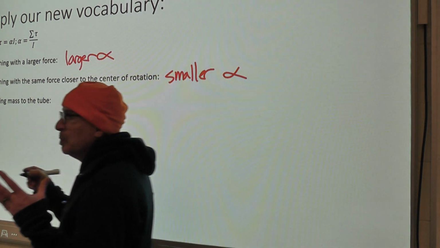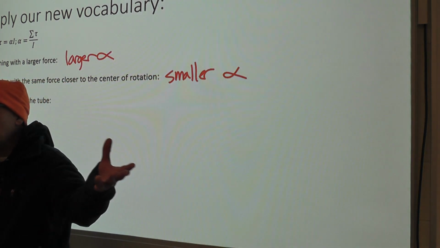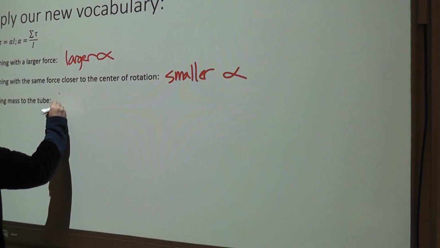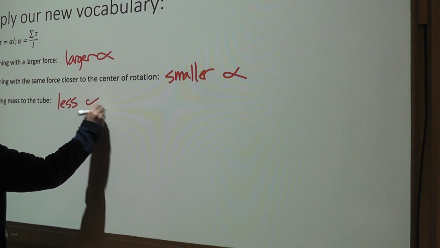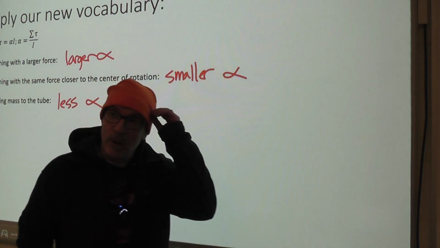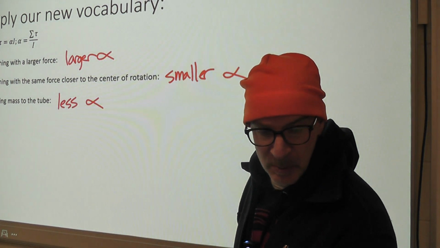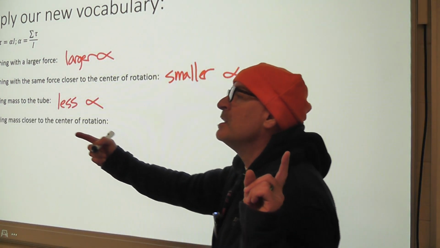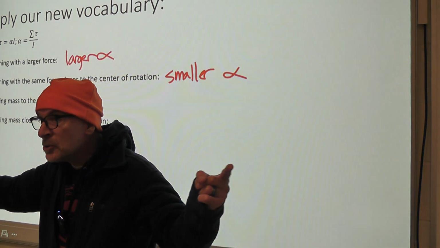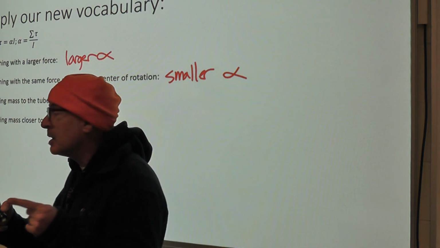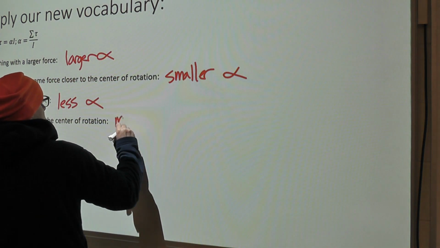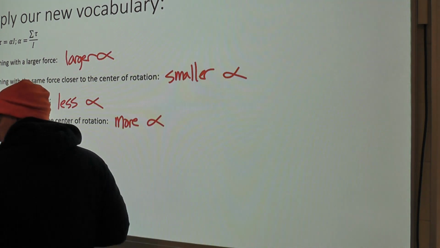If we have a tube that's spinning around and we add mass to it, we should see less angular acceleration, all things being equal, because it's going to resist changes to its rotational motion more. If we take mass and redistribute it so that it's closer to the center of rotation, we should see more angular acceleration.